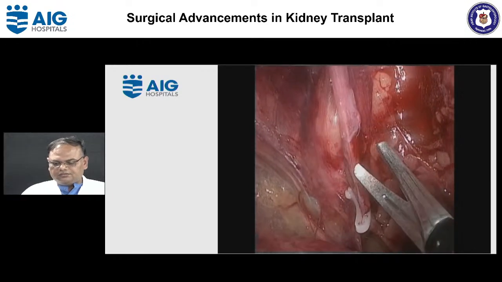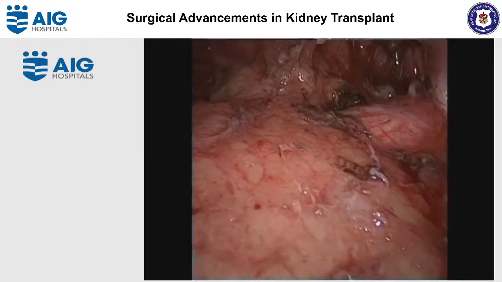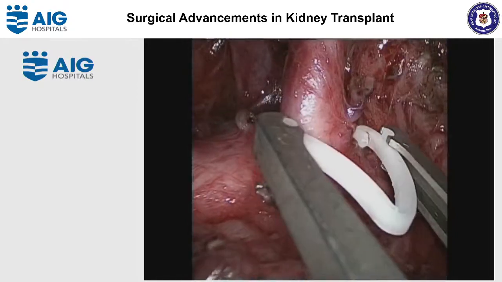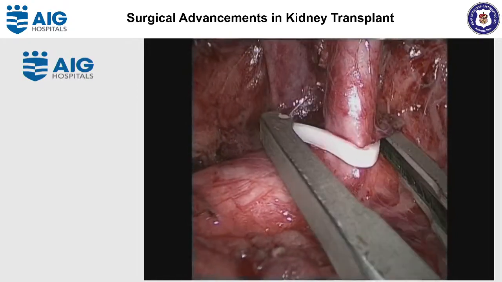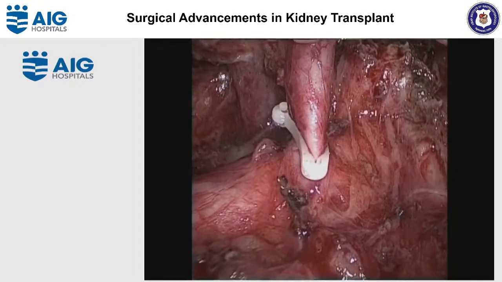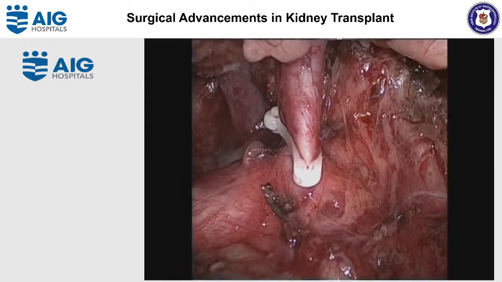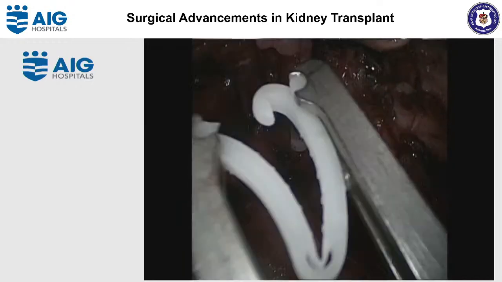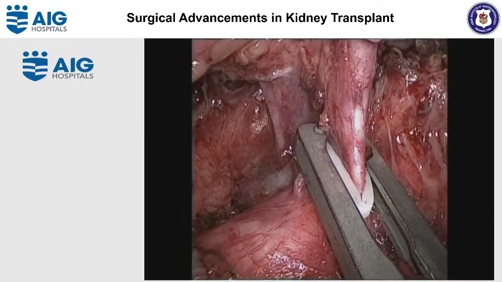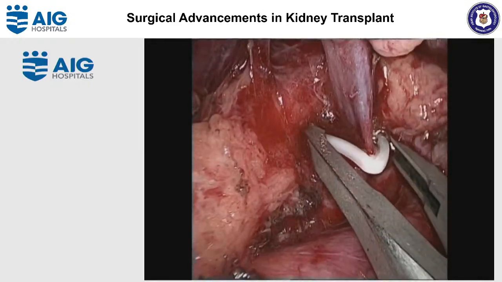After this, the retrieval incision will be given in the iliac fossa. The renal artery is doubly clipped and cut, followed by renal vein clipping.